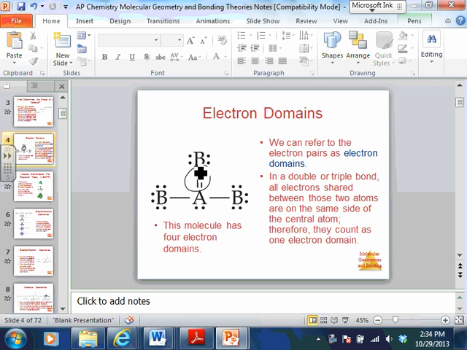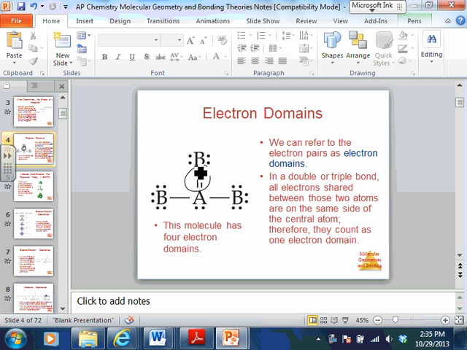Basically the electrons are trying to get as far away from each other as they possibly can. So we think about the geometries they can actually use to do that. And the trick here is, once you get past 3 electron domains, you have to start thinking in 3 dimensions instead of just 2 dimensions, okay?